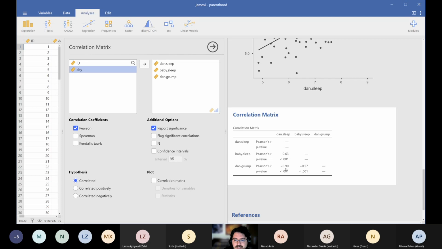Very much so. Negatively correlated. So the coefficient of correlation, Pearson's R, is 0.9 negative. That's a strong or very strong correlation. It is definitely statistically significant because of the value of the p-value.